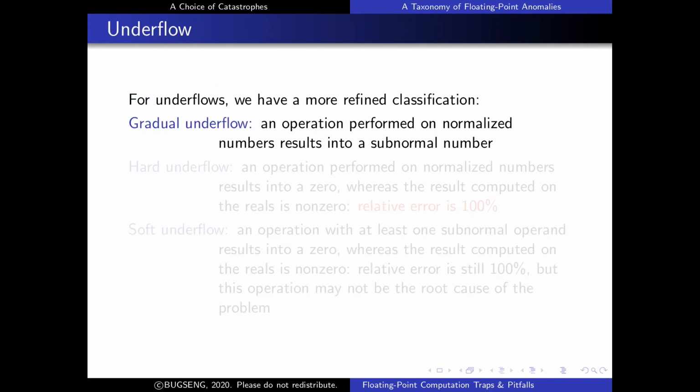Let's talk about underflows. We have mentioned in the first webinar 2 days ago that we have an underflow when a very small quantity is approximated by 0. We now explore a more refined classification. We talk about gradual underflow when we have an operation whose inputs are normal numbers and the result is a subnormal number.